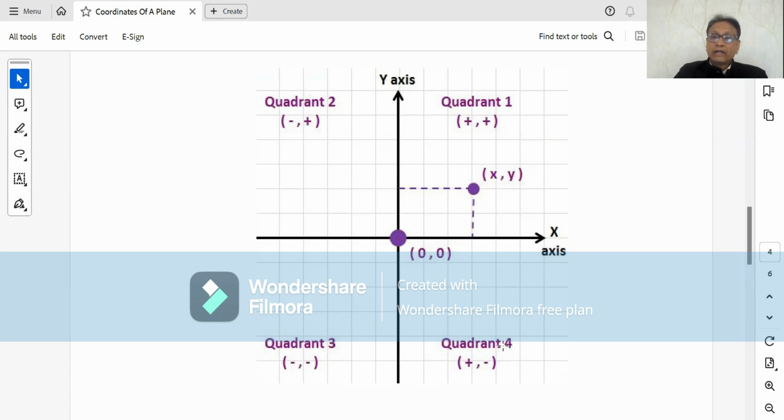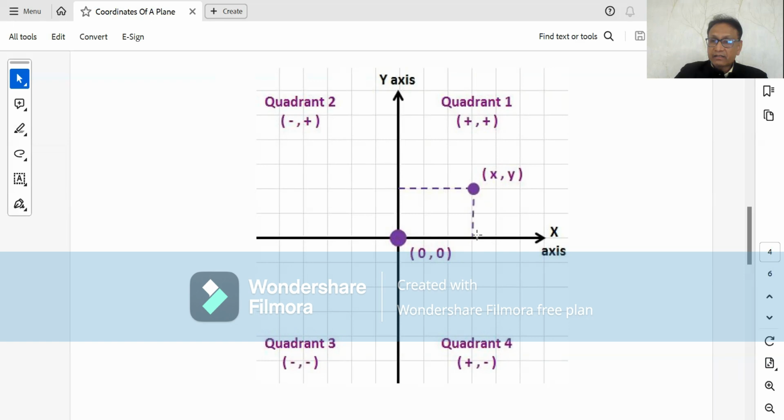Now, how a point is designated in the plane? Suppose there is a point x, y. Now, what this x, y means, how it is designated. Now, from this point, draw a perpendicular to the x-axis.